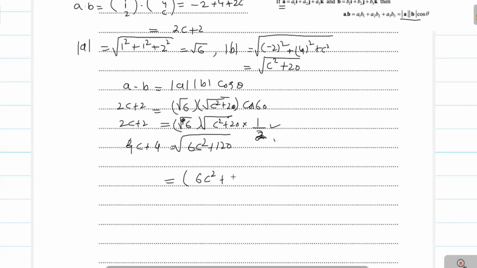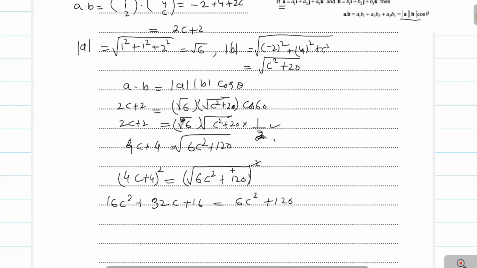Therefore, we can write 6C square plus 120 square on right side and square on left side. Therefore, this value become 16C square plus 32C plus 16 equal to 6C square plus 120.